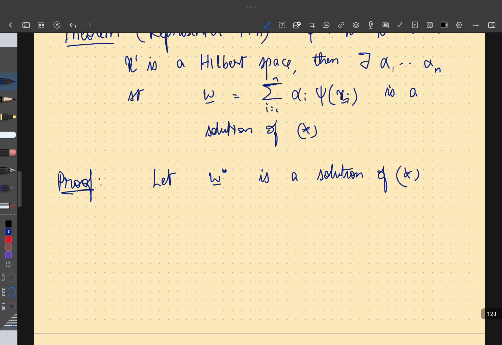Let's define W to be the orthogonal projection down to the space that is spanned by the embeddings psi of x1 through psi of xn.